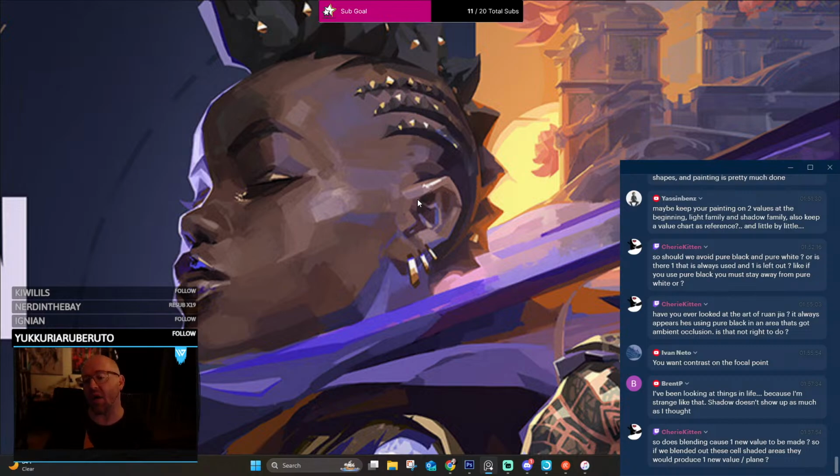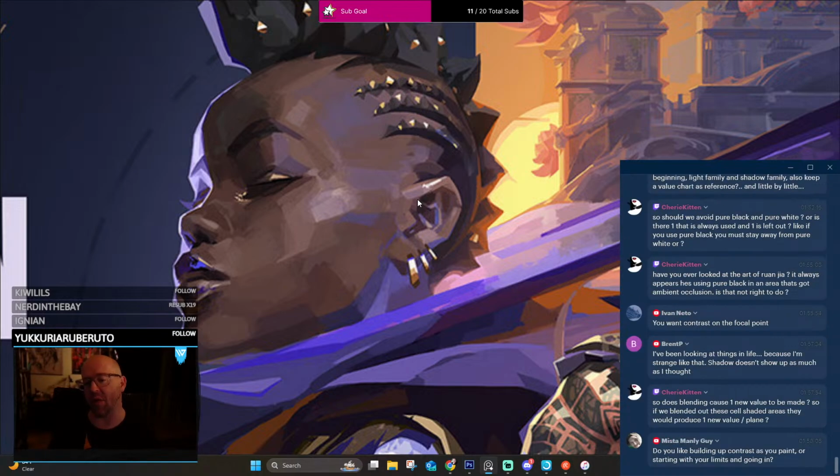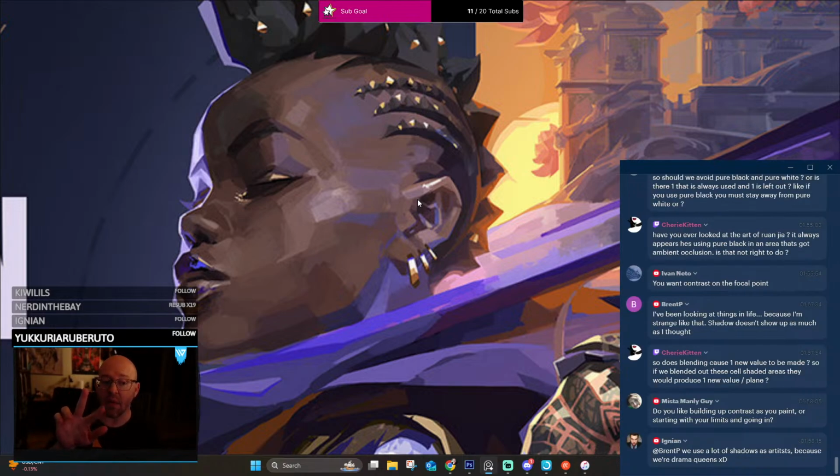So does blending cause one new value to be made? So if we blended out those cell shade areas, will they produce one new value or plane? No, not necessarily, because of how close some of these values are. If it's only a 10% and a 20%, and then you mix them and you get 15%, 15% does not become a new value.